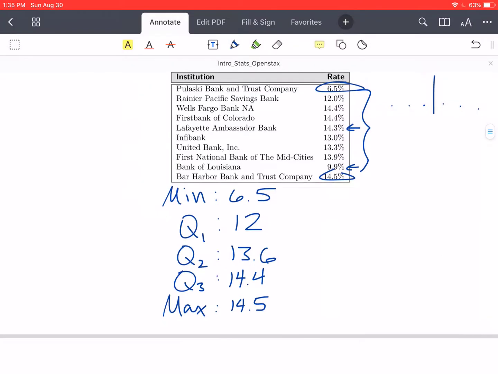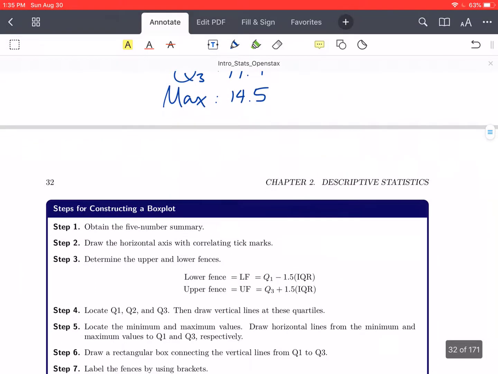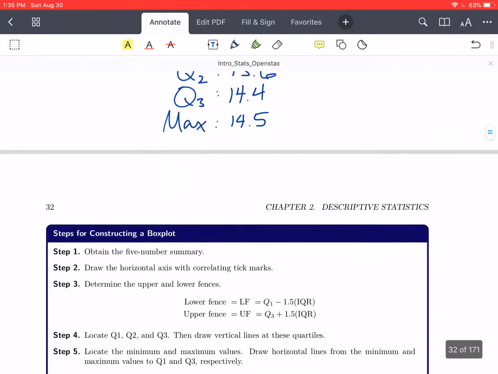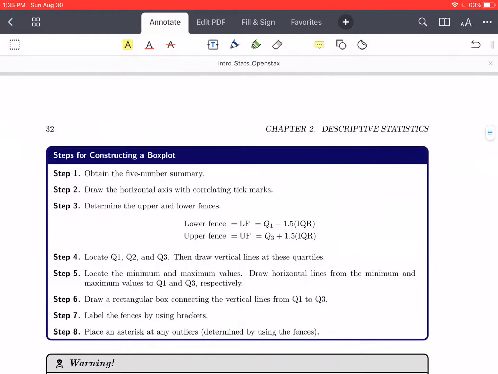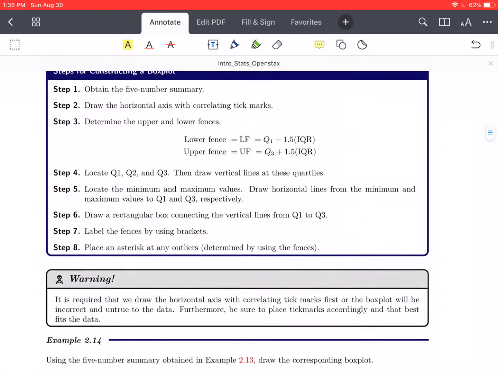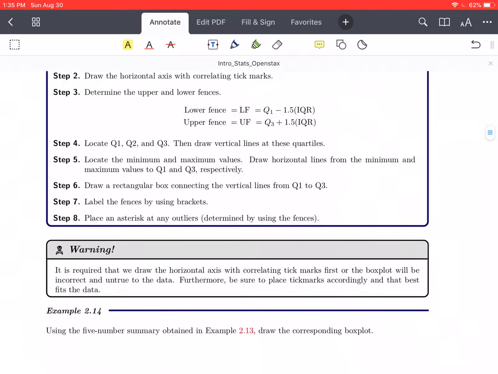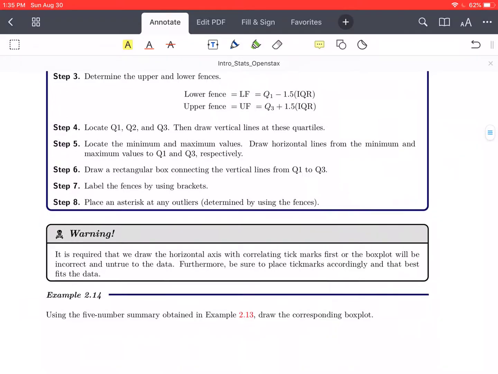Okay. Now to construct the box plot, you get the 5-number summary, you draw the horizontal axis to give you scale, find the fences, locate the quartiles, draw the vertical lines, draw the horizontal lines, finish your box.